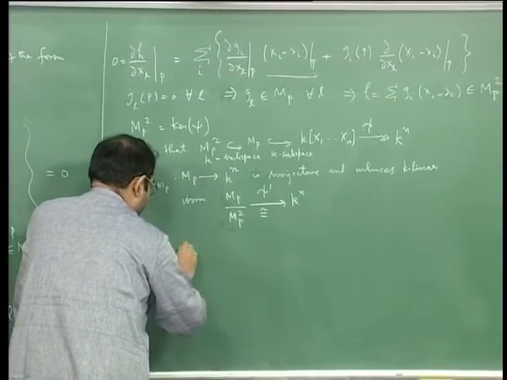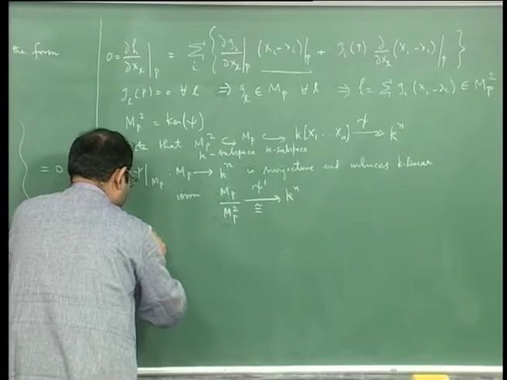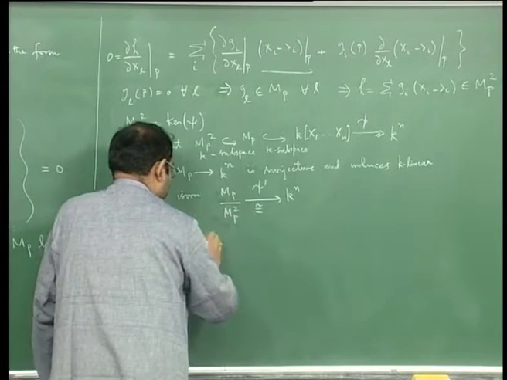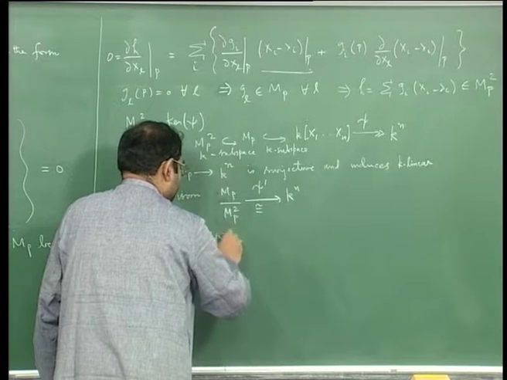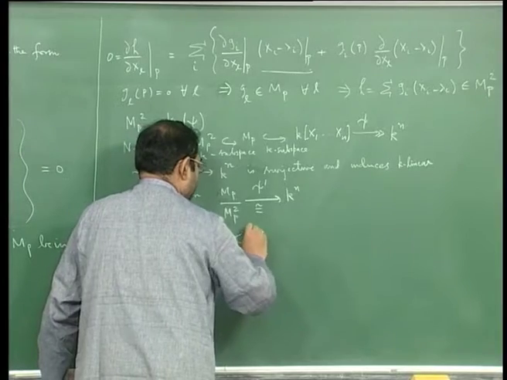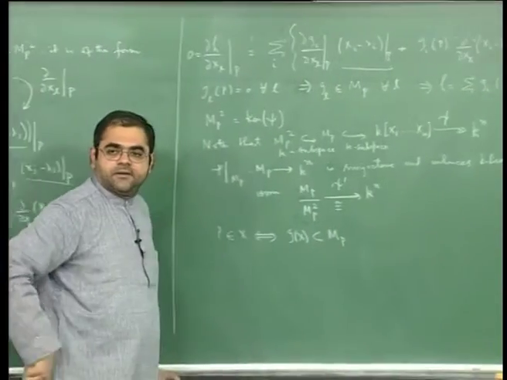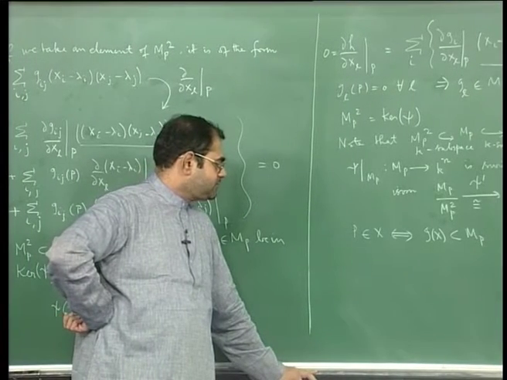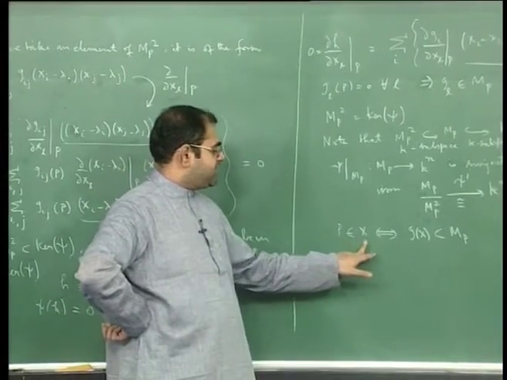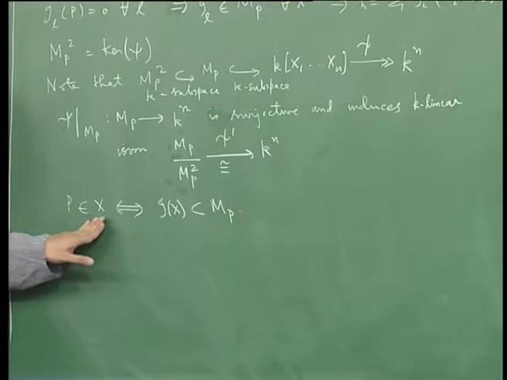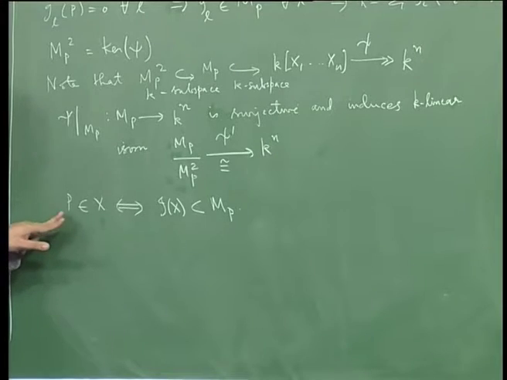You see, P is in X, and that is the same as saying that Ix is contained in MP. This is just applying the script I and the Z functors to P and X, and using the Nullstellensatz.